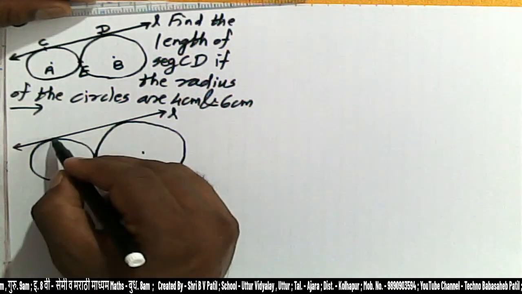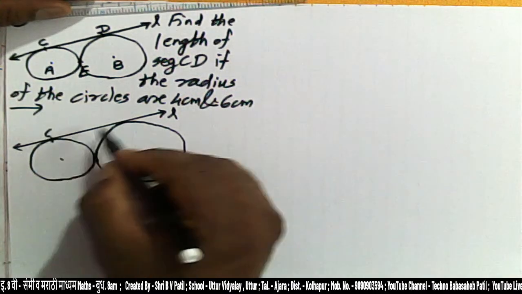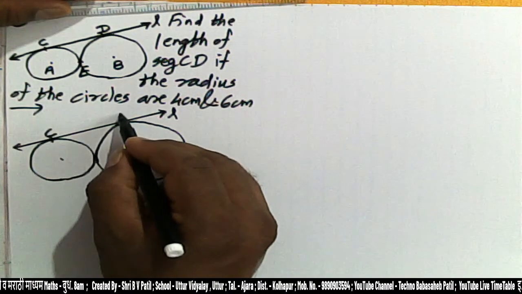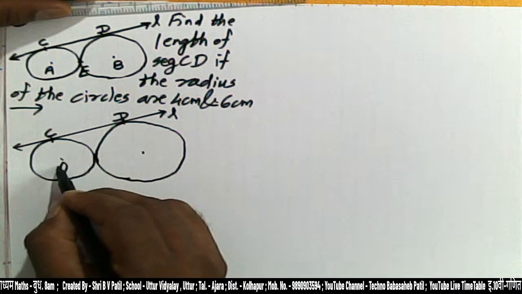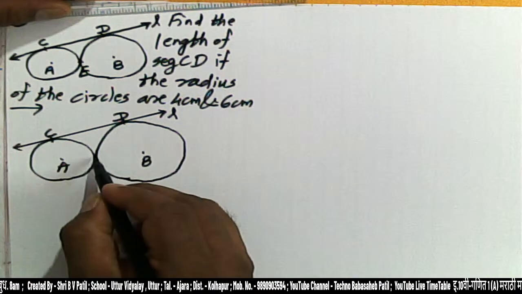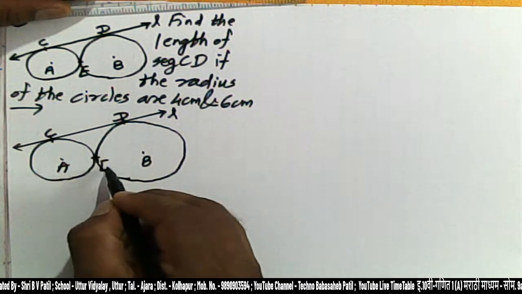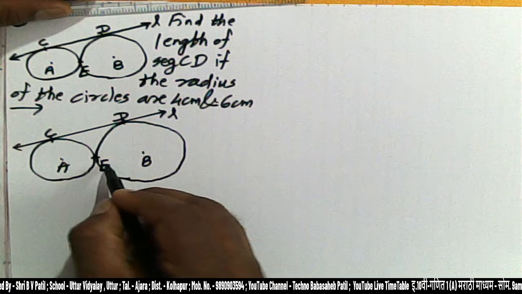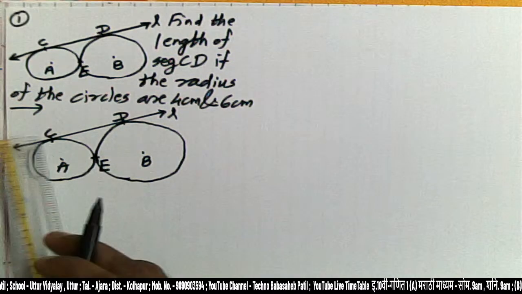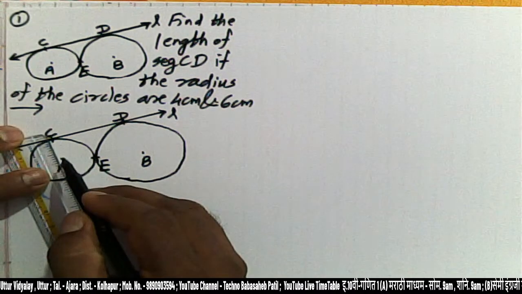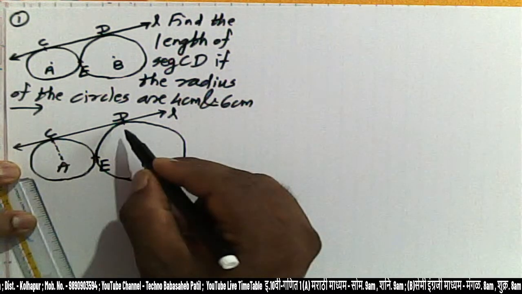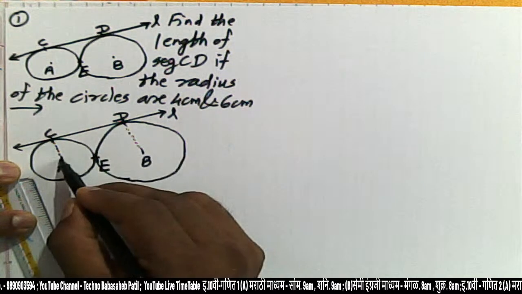Line L is the common tangent. C and D are touching points. A and B are centers. E is the touching point. Then we want construction. Join CA, join DB, and join AB.